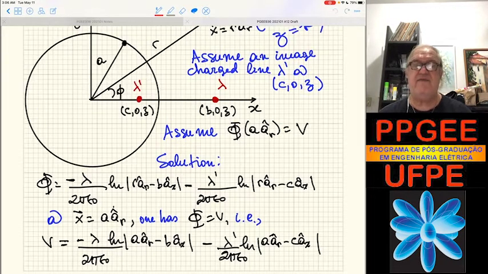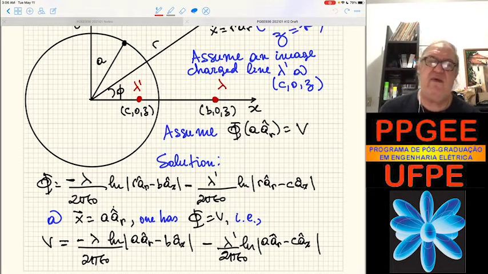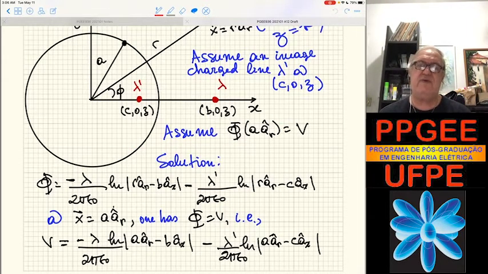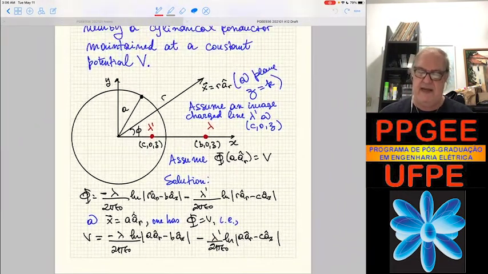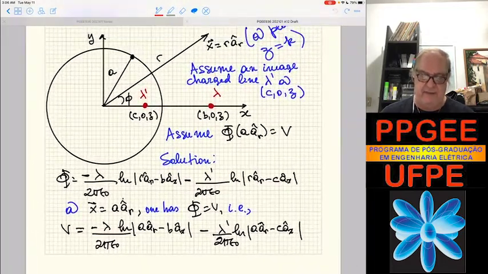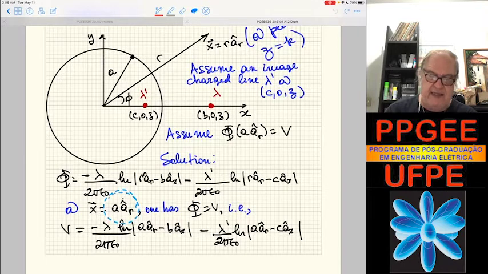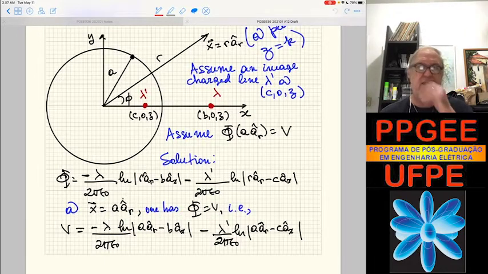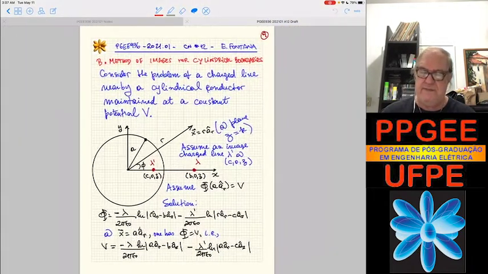Let's do V different than 0. If we want to ground that, we're going to subtract V volts, then have a 0 potential. Then the potential at some other places would be changed, right? But we can start with the potential V. So what we are going to do is just impose that at x equals a, the potential equals V. We just replace that and impose that condition.